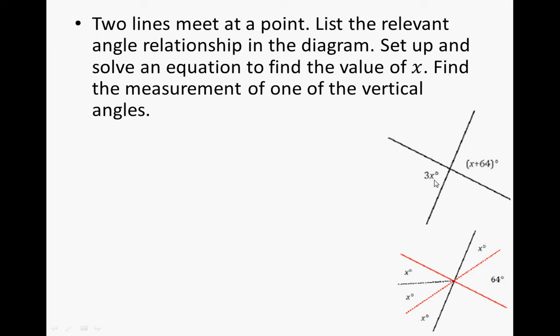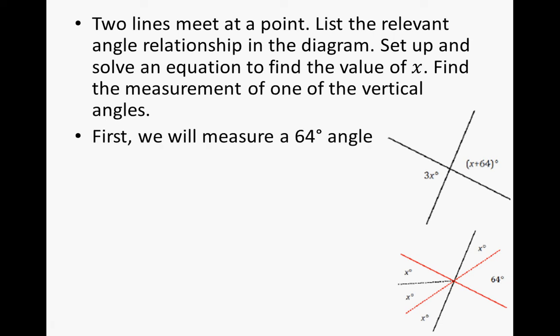If we know that 3x is going to be equal to x plus 64, then we can divide this angle into 3 parts by using the vertical angle right here, and then dividing the others into 2 equal parts, because that would be x, and then this would end up giving us 3x.